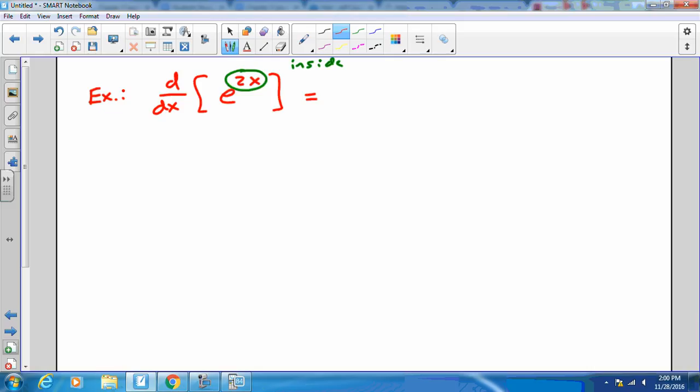So we're going to treat this like we would any other chain rule situation. The derivative of the outside, e to the x, is itself. In this case, e to the 2x, times the derivative of the inside. Just like so.